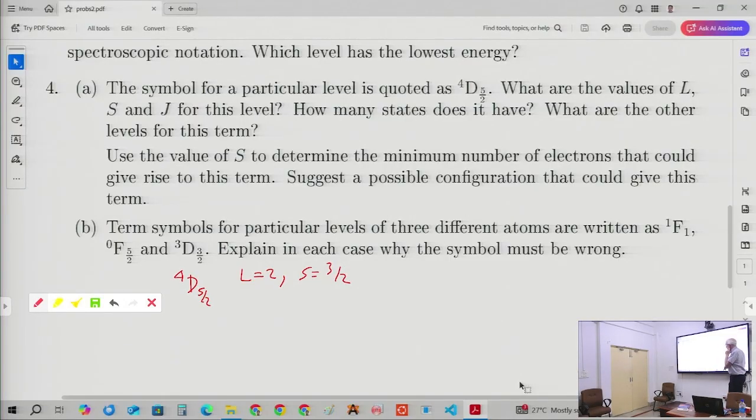What are the other terms? So you have L equals 2, S equals a half. Sorry, what are the other levels of this term? That gives you J equals 2 plus 3 halves, which equals 7 halves, 5 halves, 3 halves.